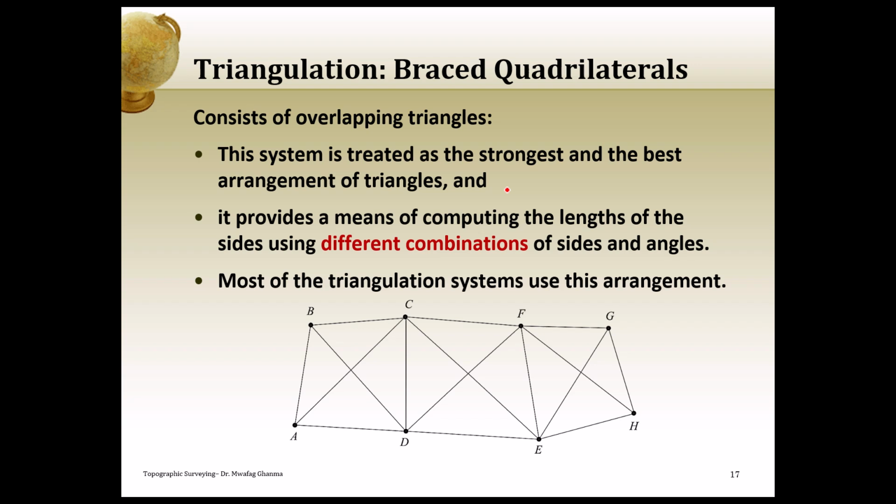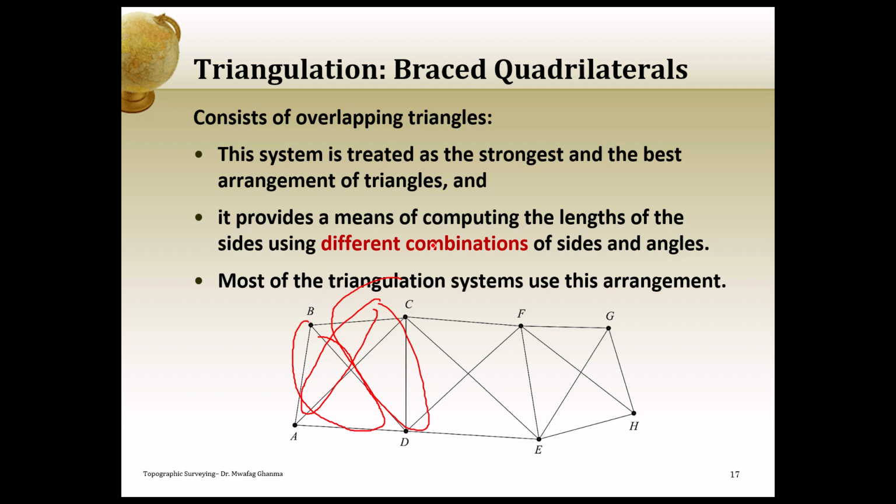The braced quadrilaterals are two triangles that are overlapping. So this is a triangle overlapping with this triangle, overlapping with this triangle, and this is what gives it its strength in the geometry. So it is the strongest and the best arrangement of triangles.